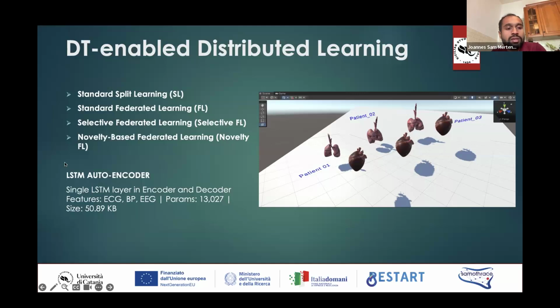Okay, so this is the reason for having an LSTM autoencoder in the digital twin of the patient. Okay, and we are using simple models, for example, in the size of 50 kb. So these are not complex large scale models. Simple models that get input as the heart rate and lungs rate, and for example it has just 13,000 parameters.